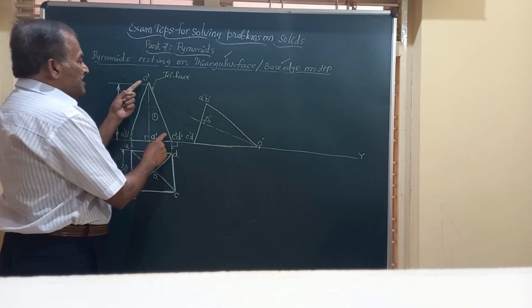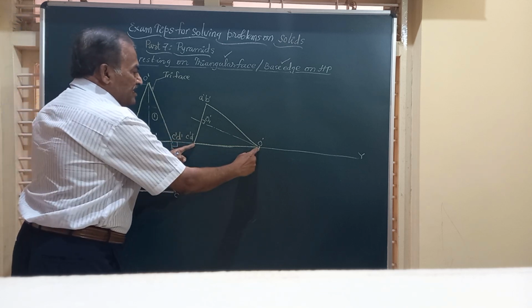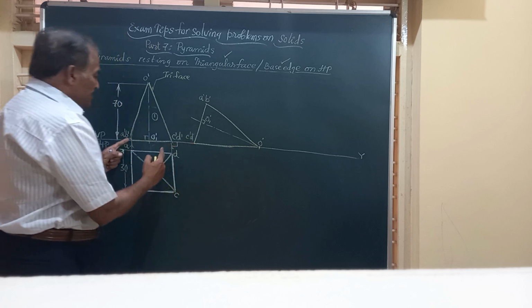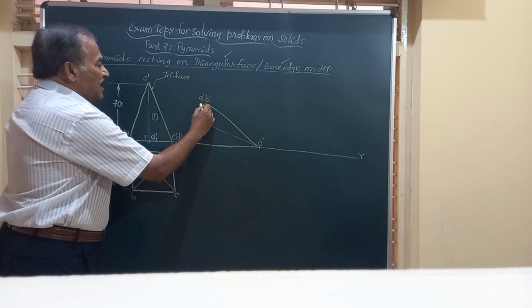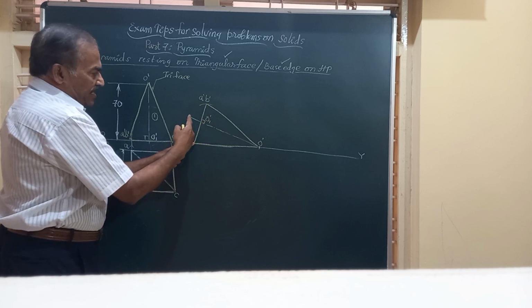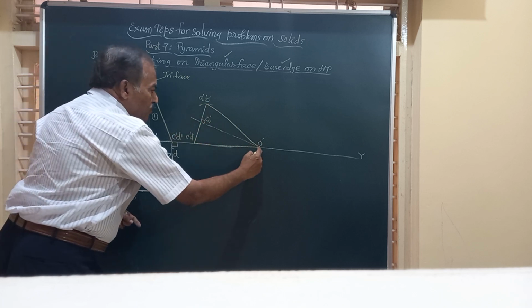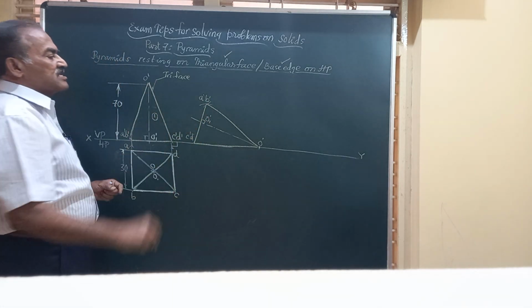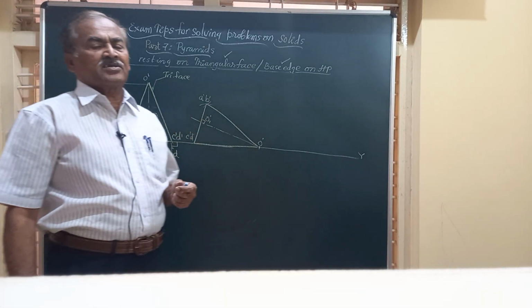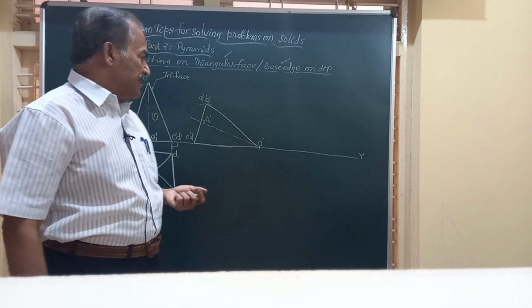You can take this length and draw a line here, O dash, C dash, D dash. Then you know this is 30. With C dash, D dash as center and radius equal to 30, you can draw an arc. Similarly with center O and length equal to this much, draw another arc. They intersect at that point and we get the front view of the solid.